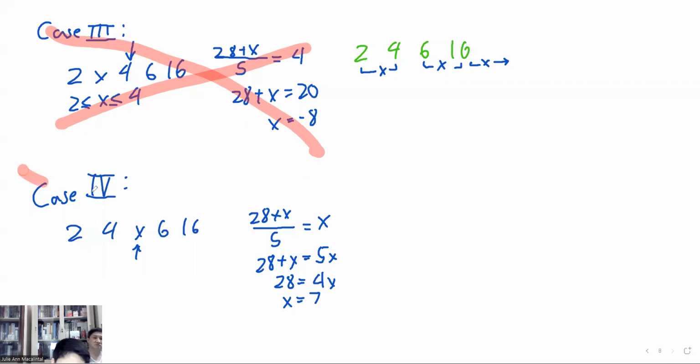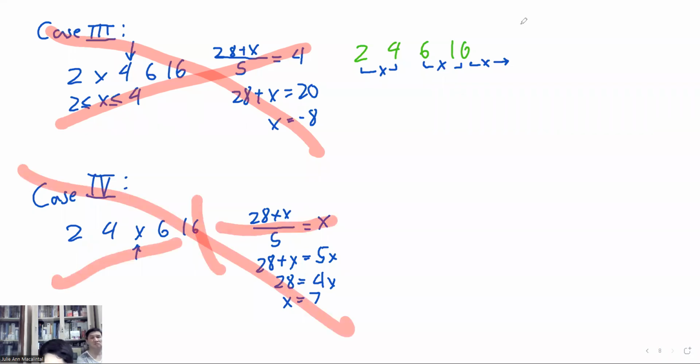So this again is an impossible case. So I will be putting that new thing we discovered. Okay, so we have only one choice left.